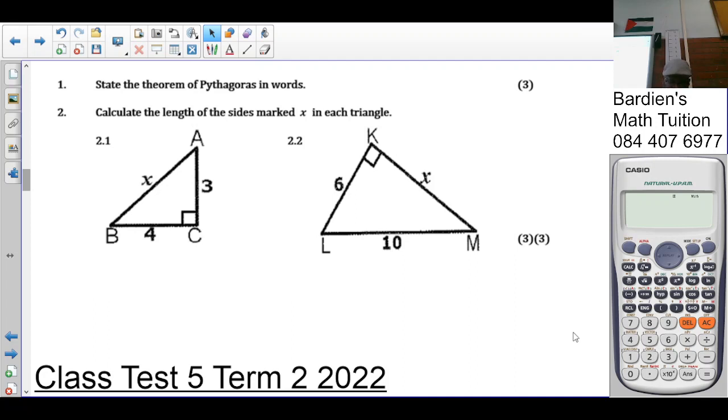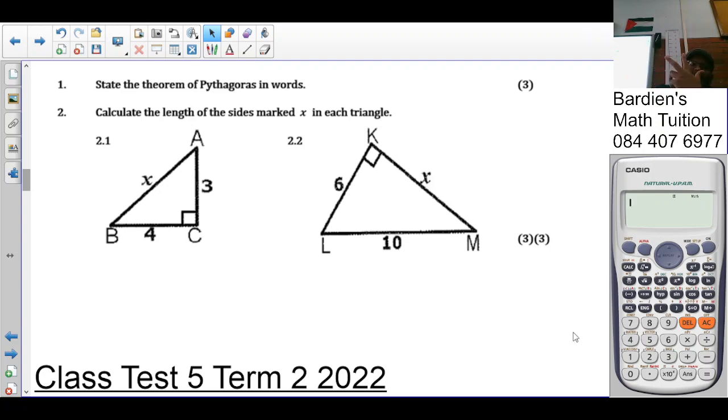The hypotenuse squared is equal to the sum of the other 2 sides squared. So firstly, in any right angle triangle, that's a condition. In any right angle triangle, the hypotenuse squared is equal to the sum of your other 2 sides squared.